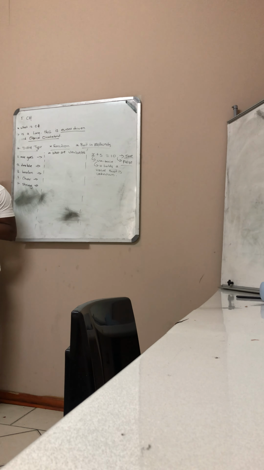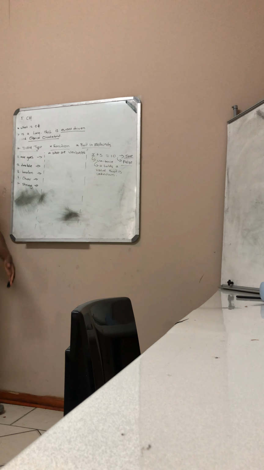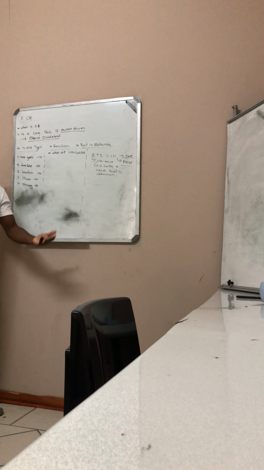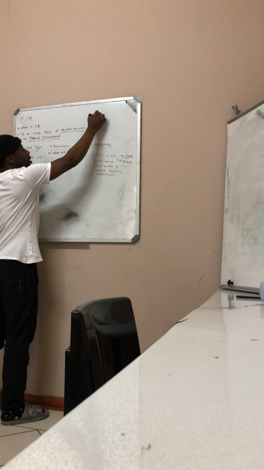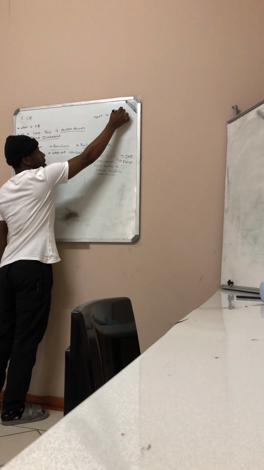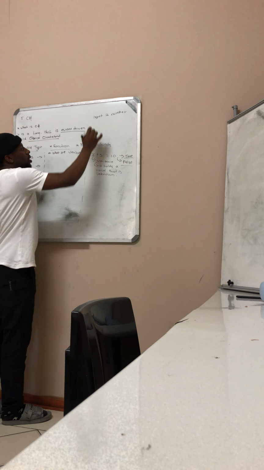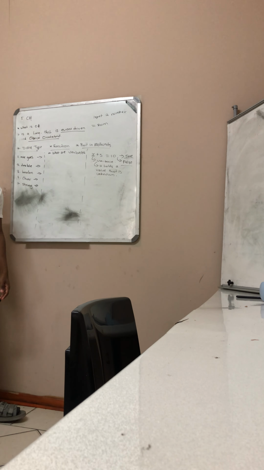But what we want is to make sure that the statement becomes true at the end. So what do we do? Let me make an example here. You have the same statement as before. They said input 2 numbers. You know that you have to input 2 numbers, and it should give you a sum of those 2 numbers, right?